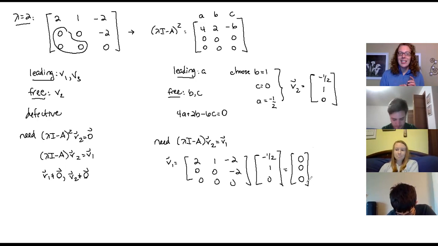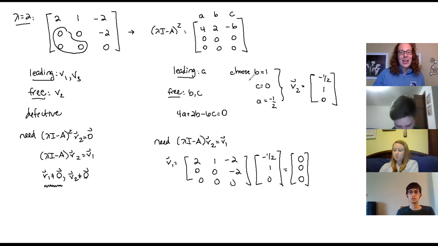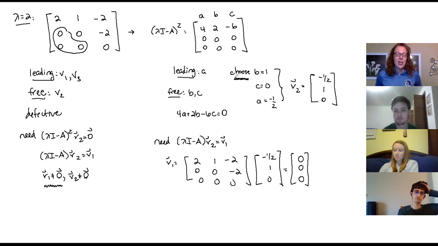That is sad and problematic because I needed V1 to not equal 0. Therefore, what that means is I made a poor choice. I chose poorly when I said up here, choose B equals 1, C equals 0.